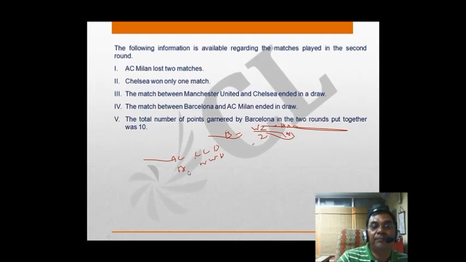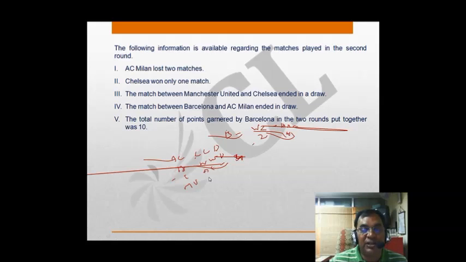Now Chelsea won only 1 match, so Chelsea must have won against AC Milan, and lost 2 and drawn. So that means it has got 4 points. MU, if you see, must have won against AC Milan and must have lost against everything.